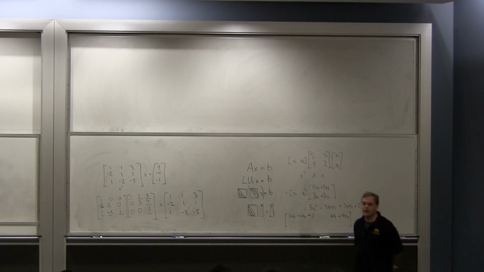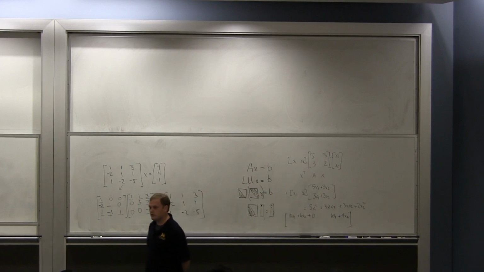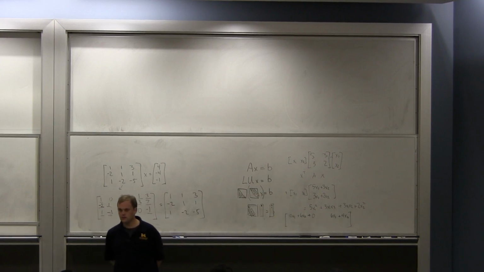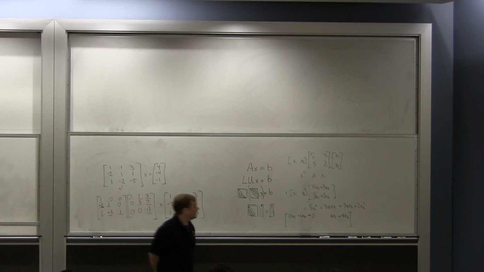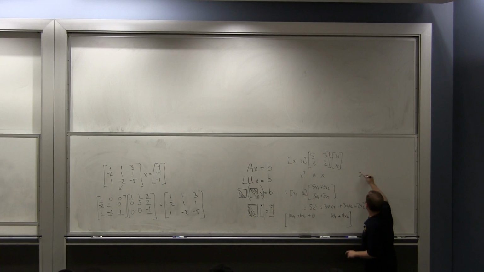Right? So if I had, in the scalar case, ax squared, what would the derivative be? 2ax. Well, maybe that's what we end up with here. So let's try that. 2ax. So what would 2ax be?